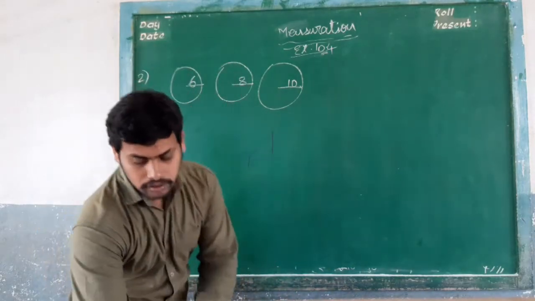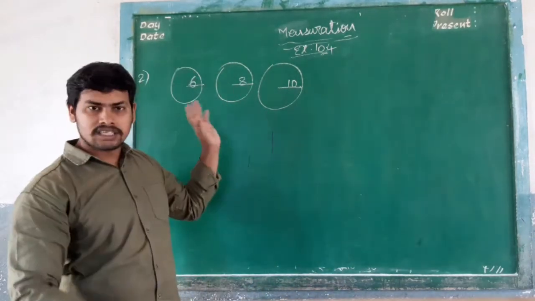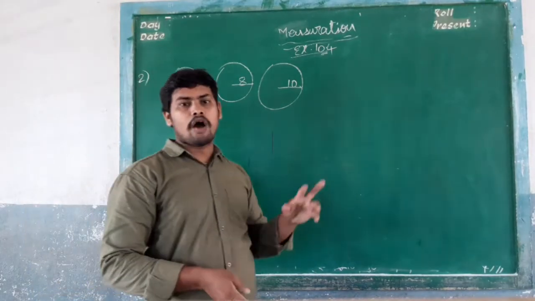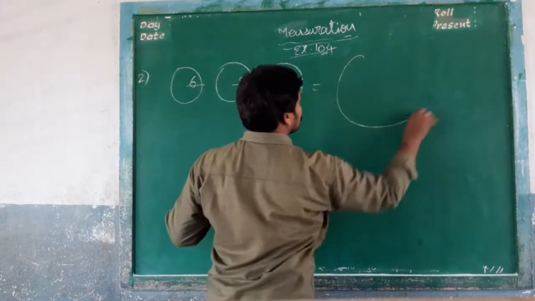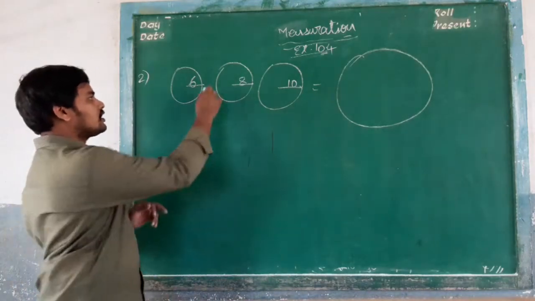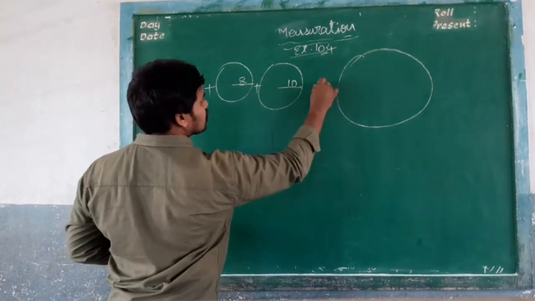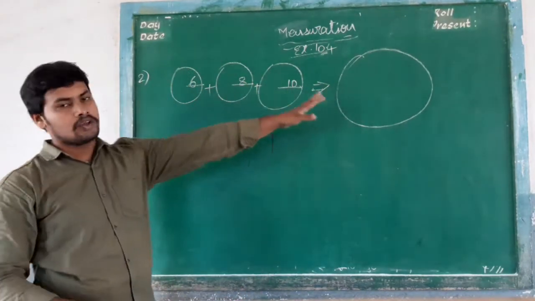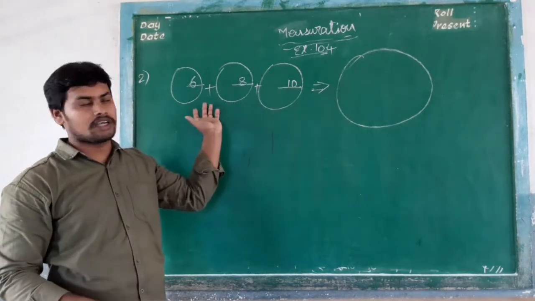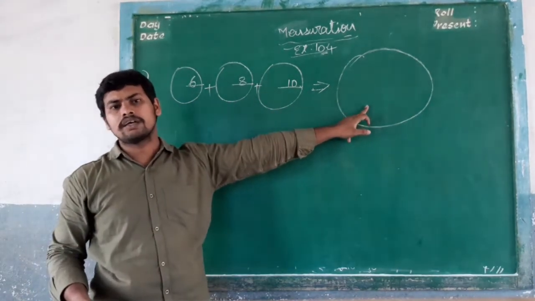So these three solids are melted and form a single solid sphere. So the volume of these three solids is equal to the volume of this solid.